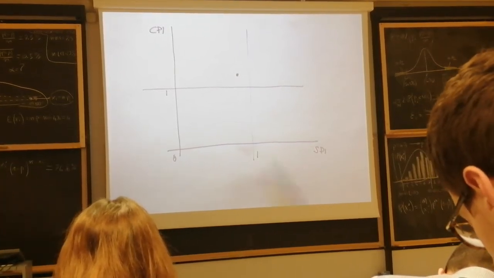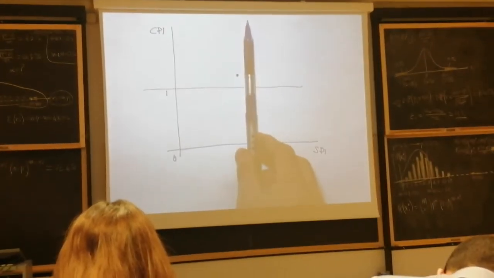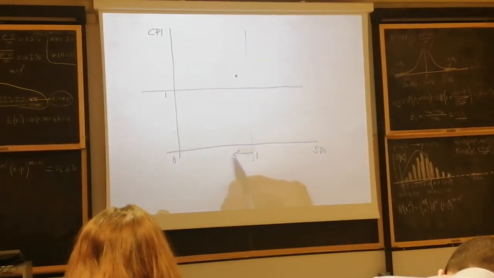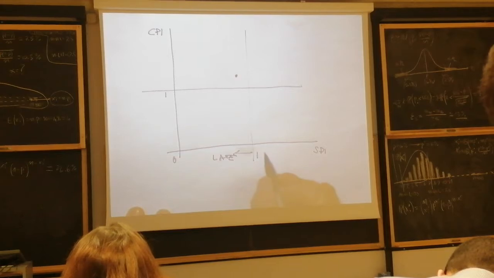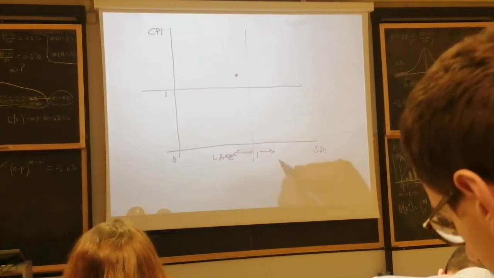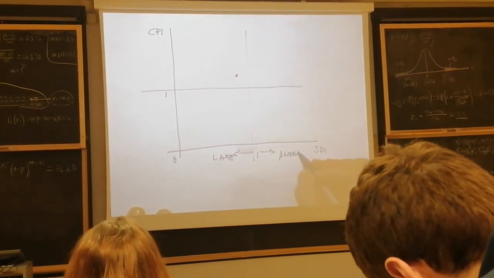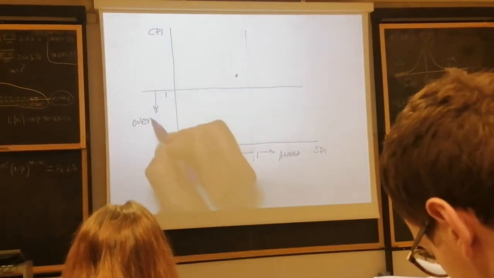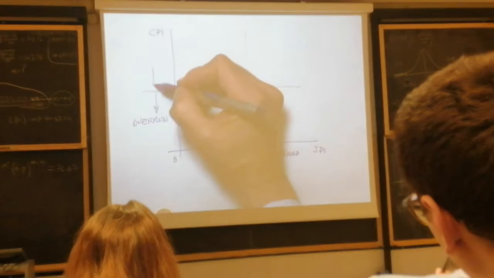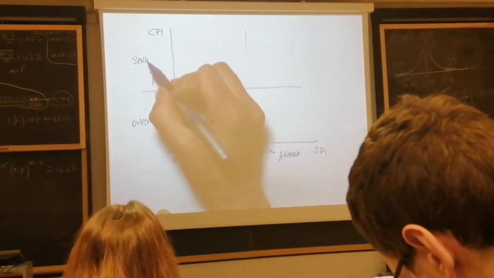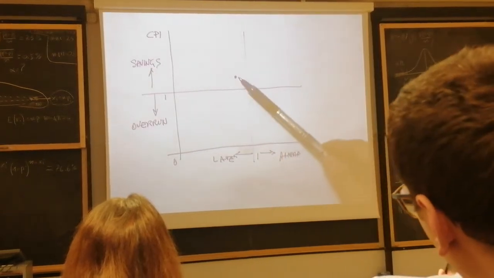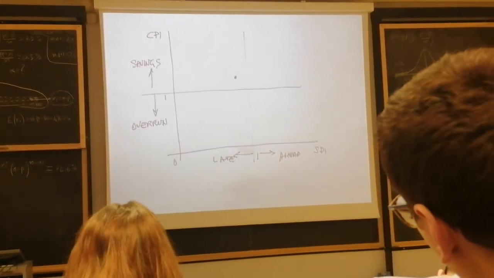Whatever is here, we are late. And whatever is here, we are out of time. And for cost, here we are overrunning, and here is savings. So we are in the opposite situation: we're making cost savings, but we're late.